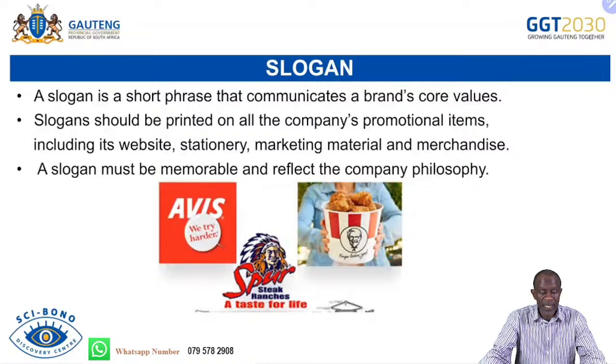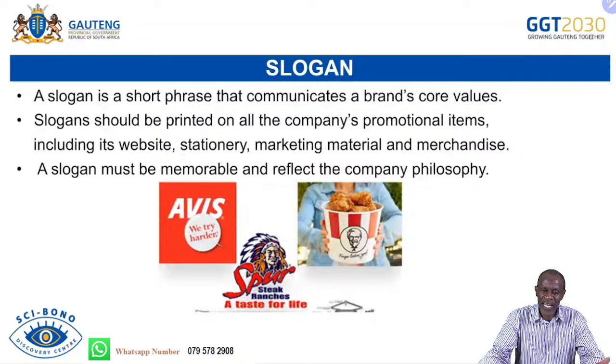A slogan must be memorable, so you must always remember it. It must also reflect the company's philosophy. When they say simple, better, and faster, you'd know that they are referring to a particular financial institution.